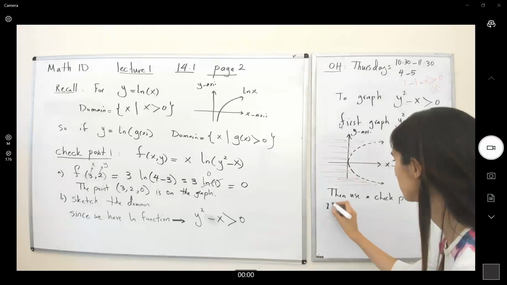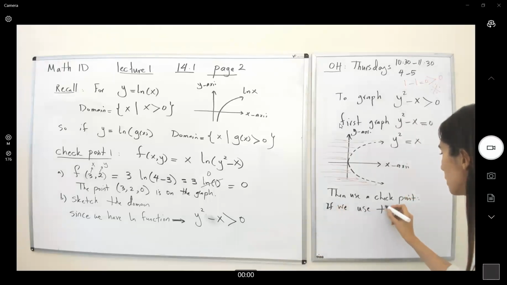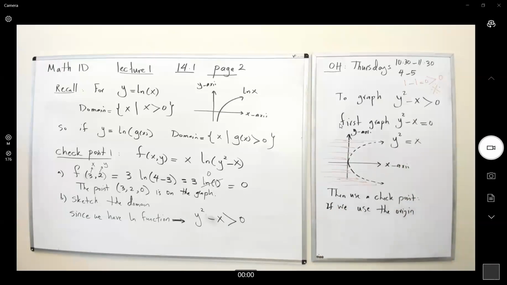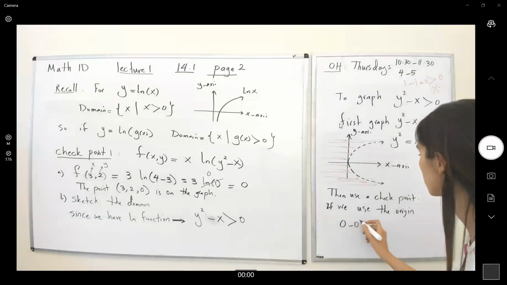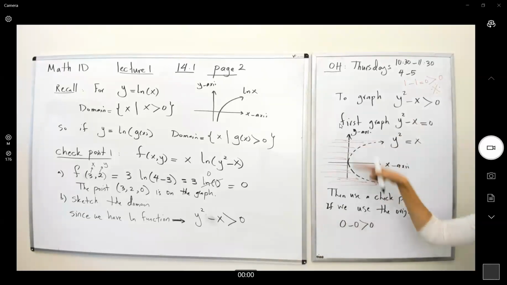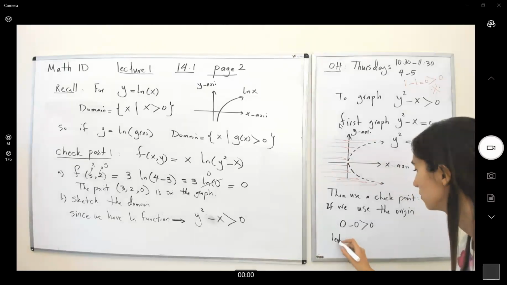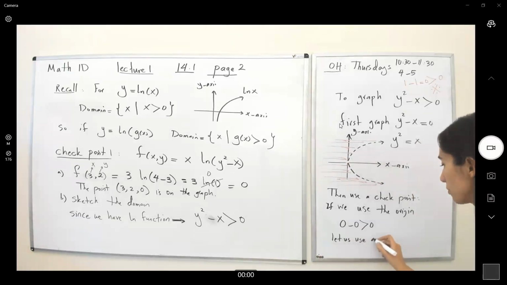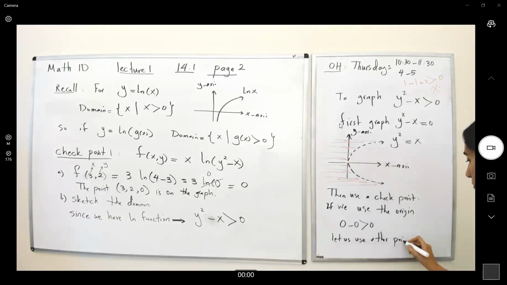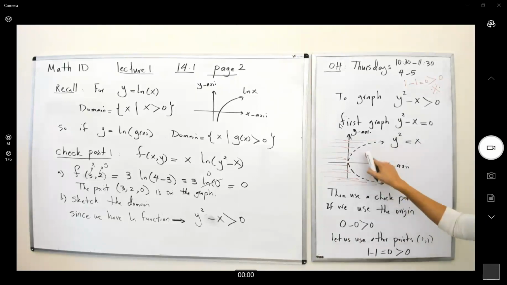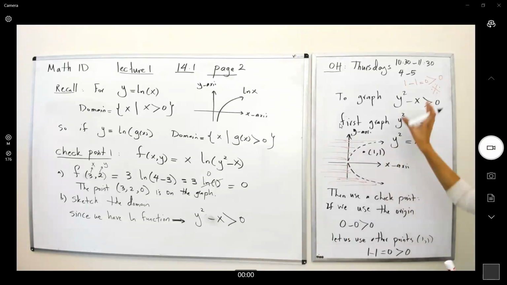If we use the origin, it doesn't give us anything meaningful because we get 0 minus 0 greater than 0, but we already used a dotted graph here. So let us use other points, like 1 and 1. 1 minus 1 is 0, which is not greater than 0. It means that 1 and 1 is not part of the solution for this inequality, so you have to shade the left-hand side.